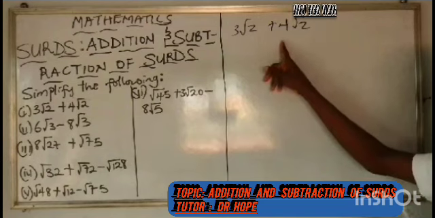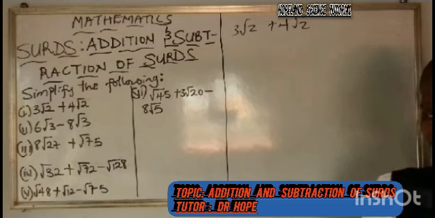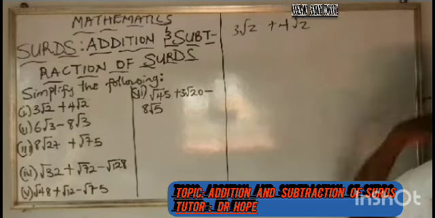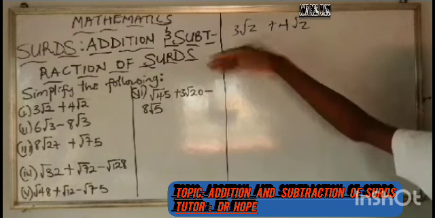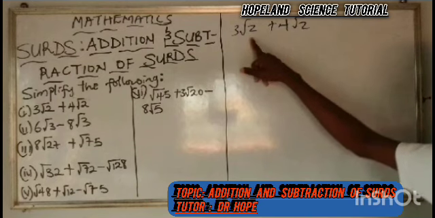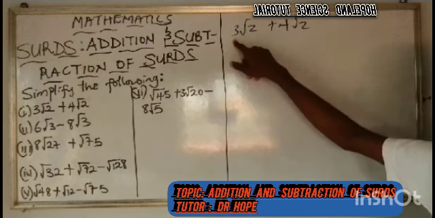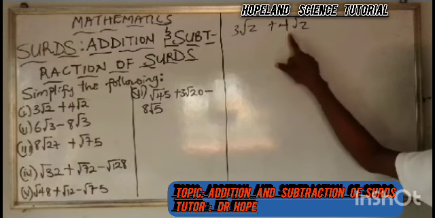But in this case we are adding, right? Anytime you are to add or subtract similar surds, you will pay attention to the coefficient, that is the number beside the surd. Are you together? So we have 3 root 2. The coefficient of root 2 here is 3. We have 4 root 2. The coefficient of root 2 here is 4.